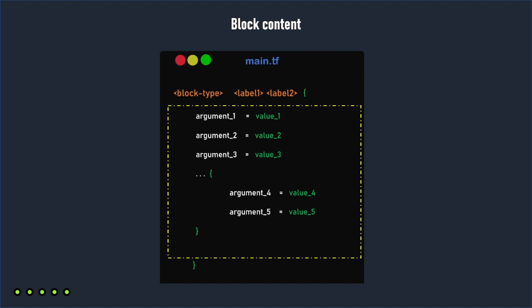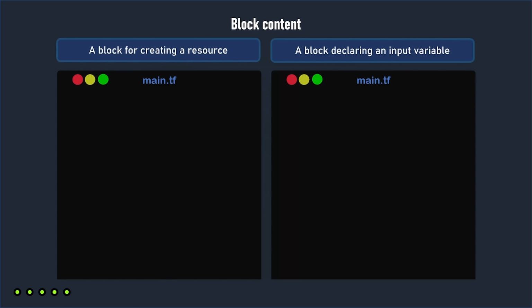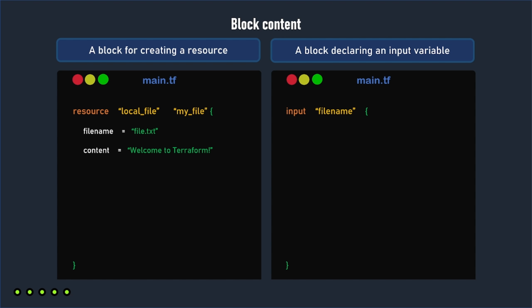Let's go back to the previous examples that we have discussed earlier to create a file and to declare an input variable. In the body of the resource block used to create a file, we have to specify two arguments, which are the filename argument and the content argument. You have to know that these arguments are not optional.